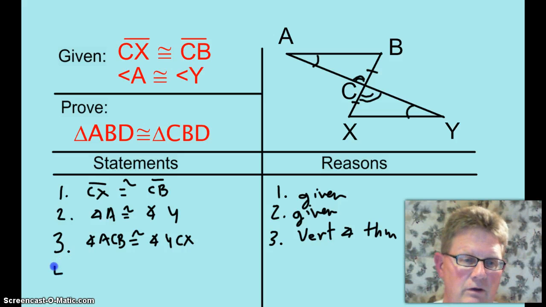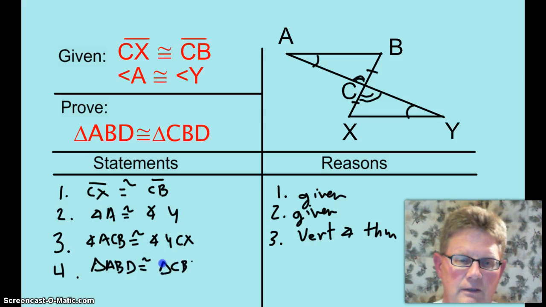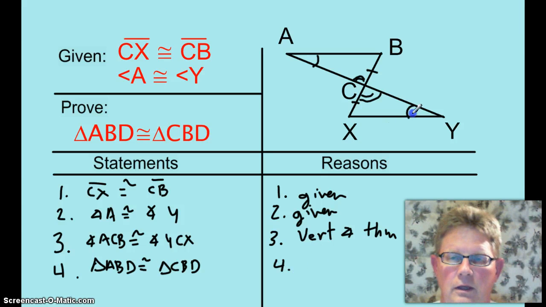So we now have enough parts to figure out why the triangles are congruent. You've got two angles and a non-included side, in the corresponding order. Look, it's one arc, two arcs, and then the side.